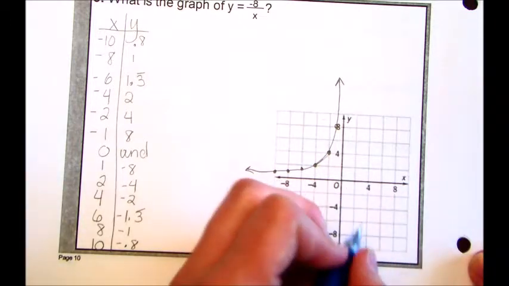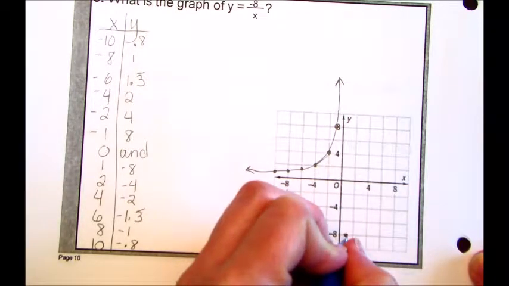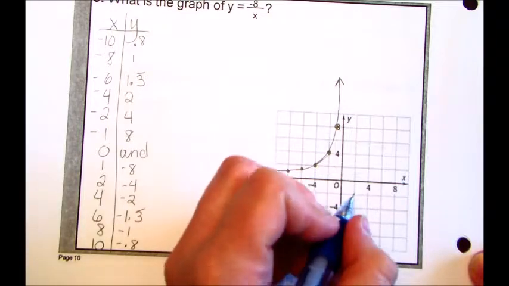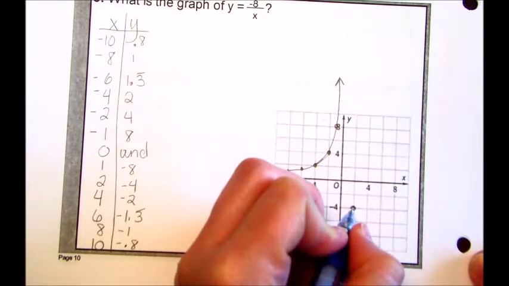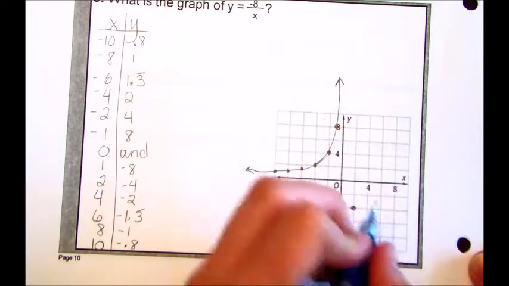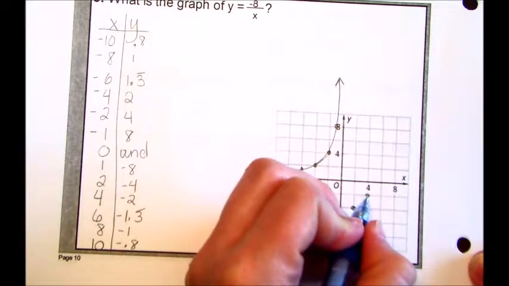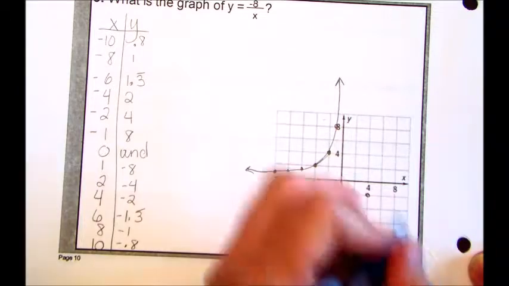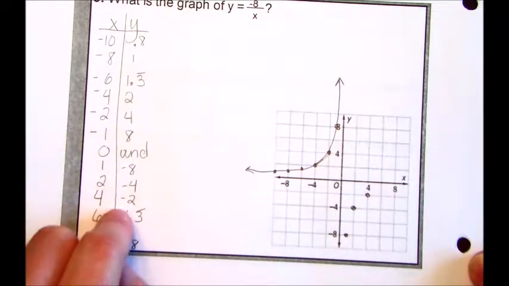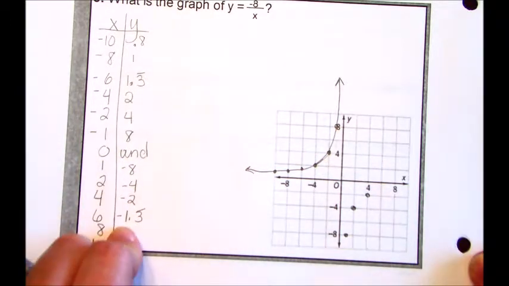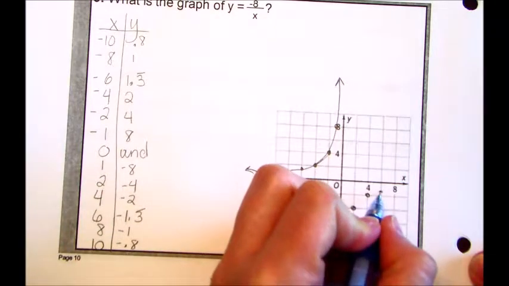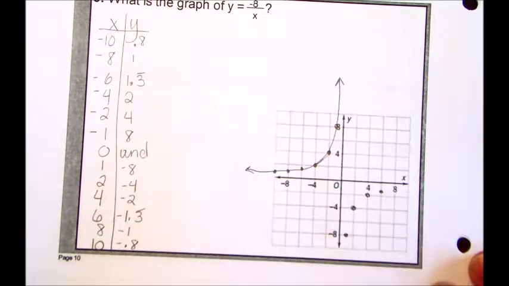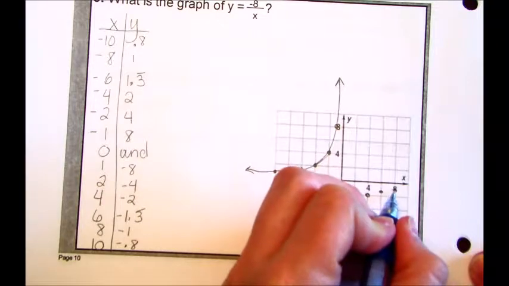So 1 and -8. 2 and -4. And if people are struggling, I'm asking the substitute to pause the video and help them be able to graph, please. Let's see, where was I at? So I did 4, -2, 6, -1.3. -1.